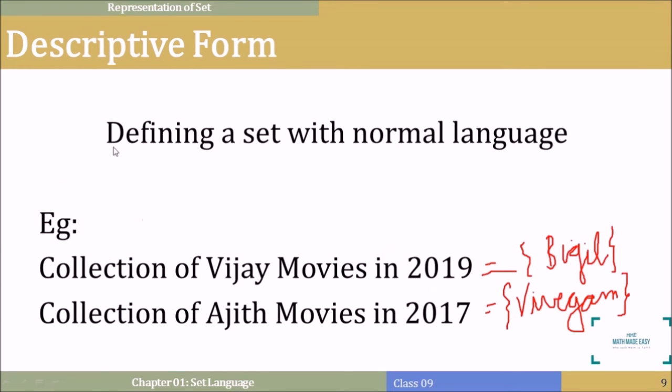And in the descriptive form, we saw that the collection of Vijay movies in 2019 is the set Bigil, and the collection of Ajit movies in 2017 is the set Vivegam. So instead of writing in descriptive form, I can write in the roster form too. This is how you interchange between the representations of a set.